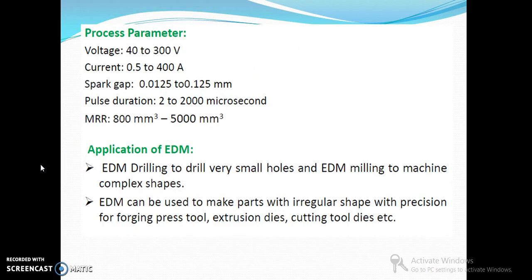Next are the process parameters of electrical discharge machining, the basic parameters required to carry out the process. While machining, the voltage supplied is around 40 to 300 volts, current supplied is 0.5 to 400 amperes, and the spark gap between tool and workpiece is 0.0125 to 0.125 mm, meaning a small gap is provided between the tool and the workpiece.